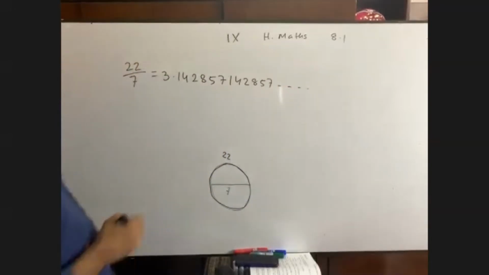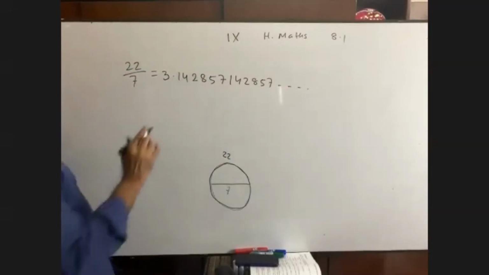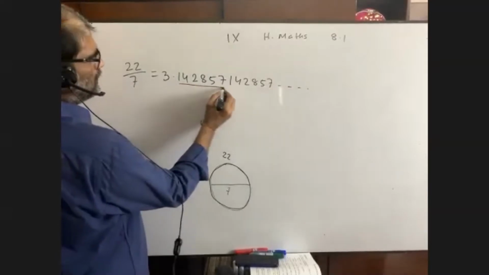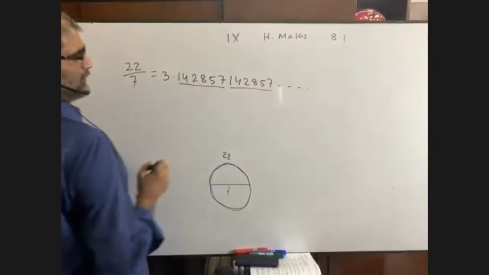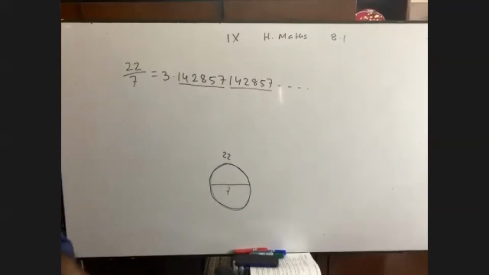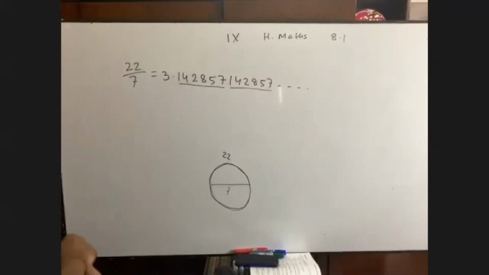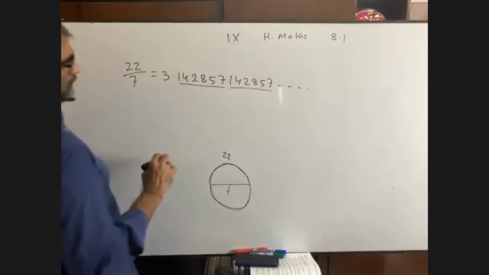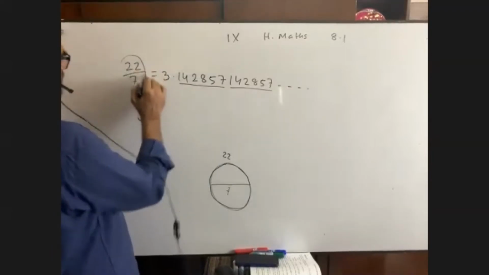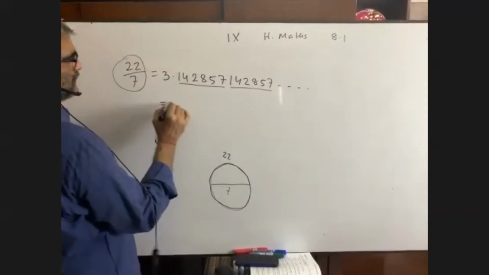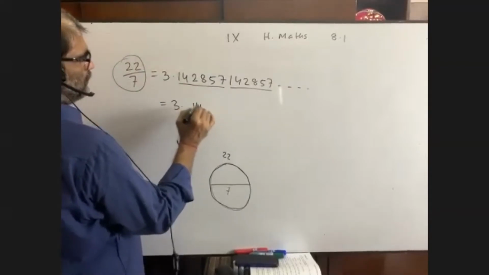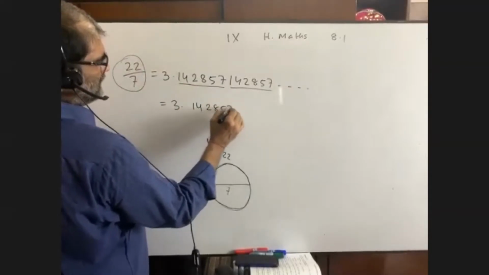Because you know it is repeated. It is terminated. You understand? Yes, sir. So for this it is not an irrational number. It can be written like this: 3.142857.